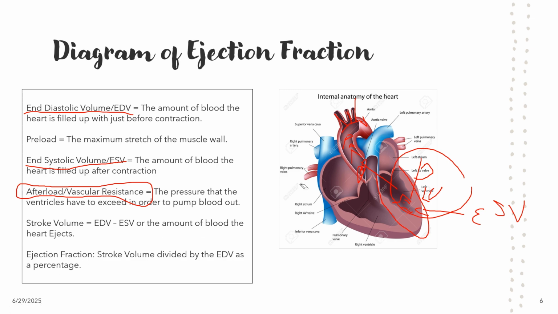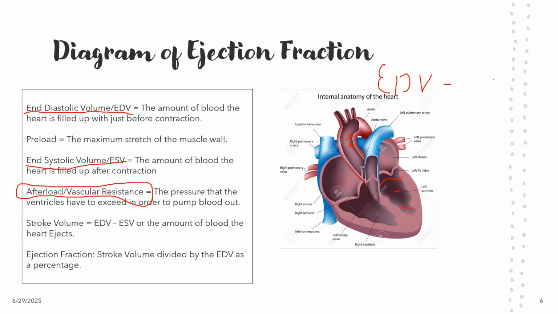Let me just erase this stuff. And here, the stroke volume is equal to the end diastolic volume minus the end systolic volume. So it's the EDV minus the ESV, which makes perfect sense.